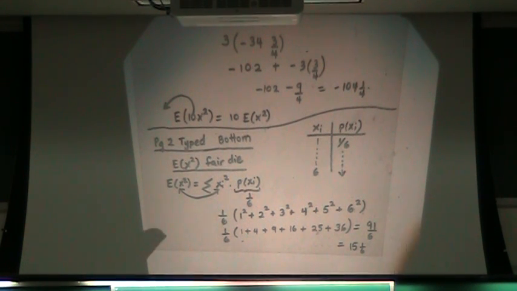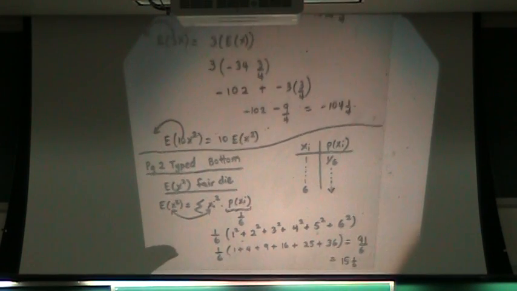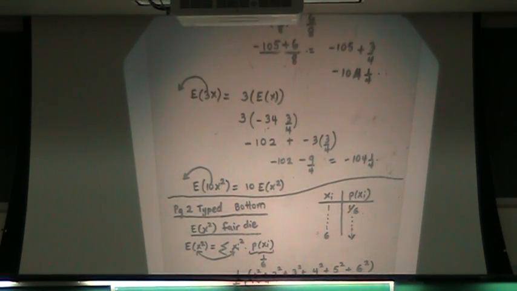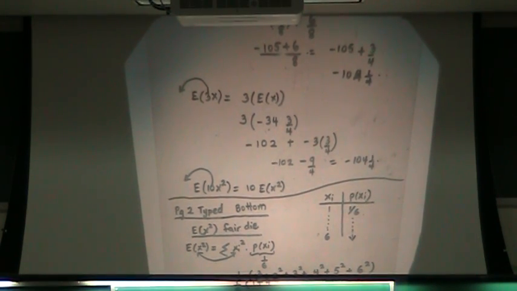Okay, I have a question for you. Let's say that I'd like to play a game with you. I will charge you $5 to play this game, and I will give you 2 times the square of whatever shows up on a die that you roll. You roll a die. It's going to cost you $5 to play this game. And I will give you 2 times the amount.